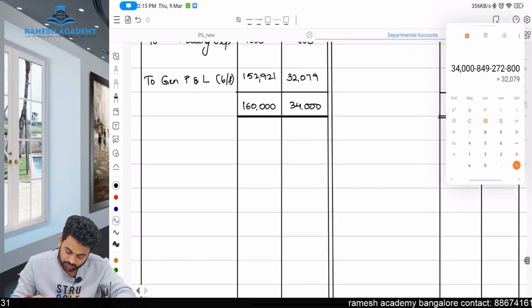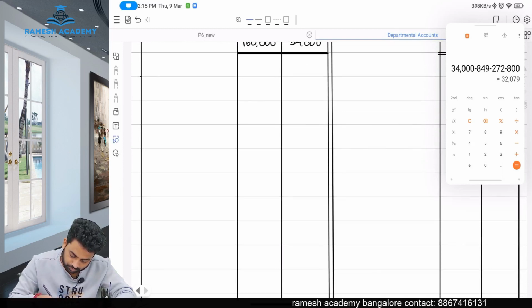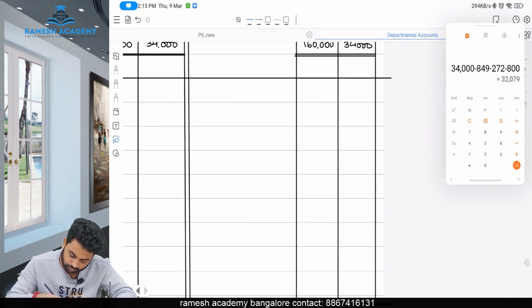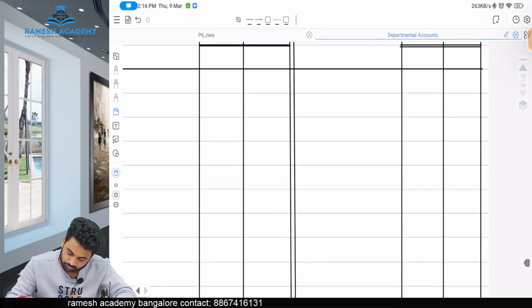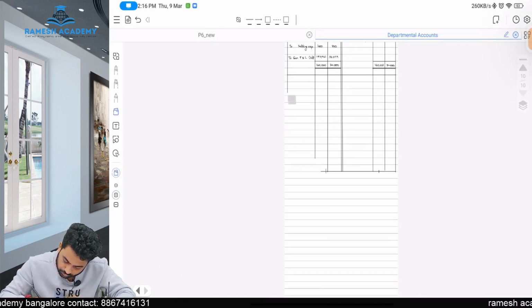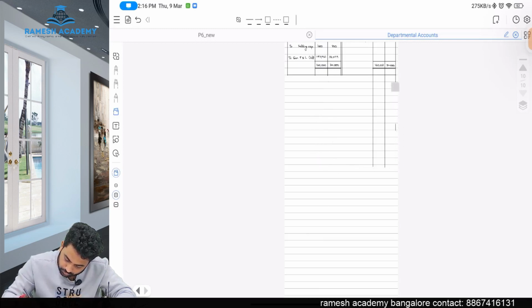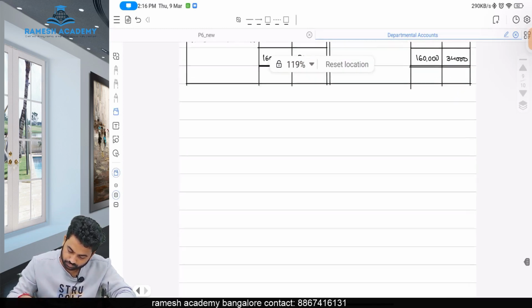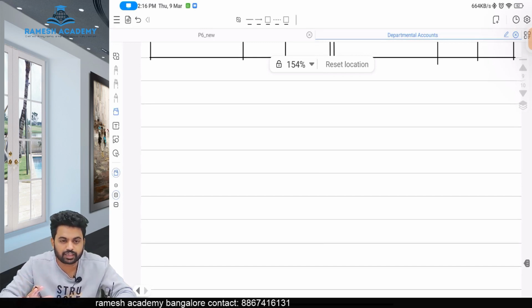This shall be transferred into the general P&L account. In the general P&L account only that is the entry.